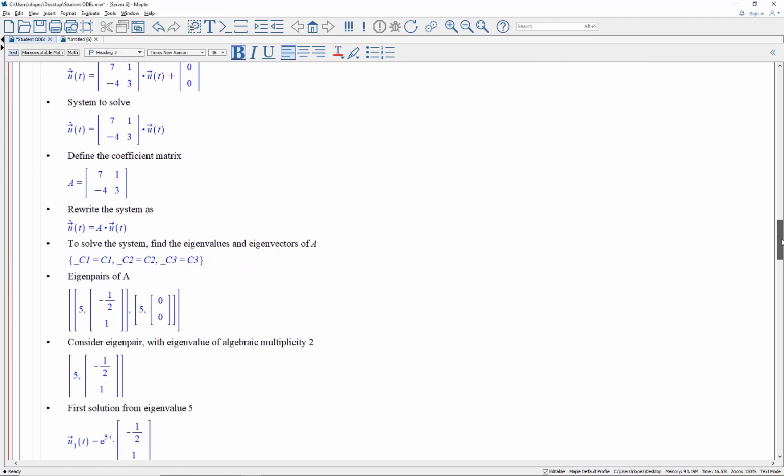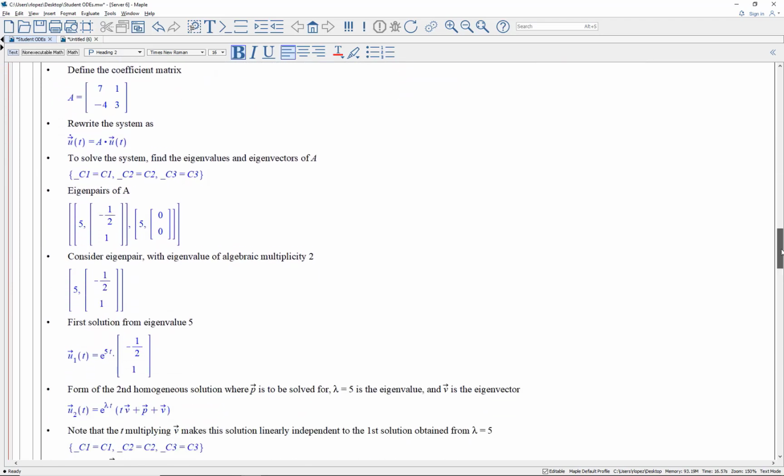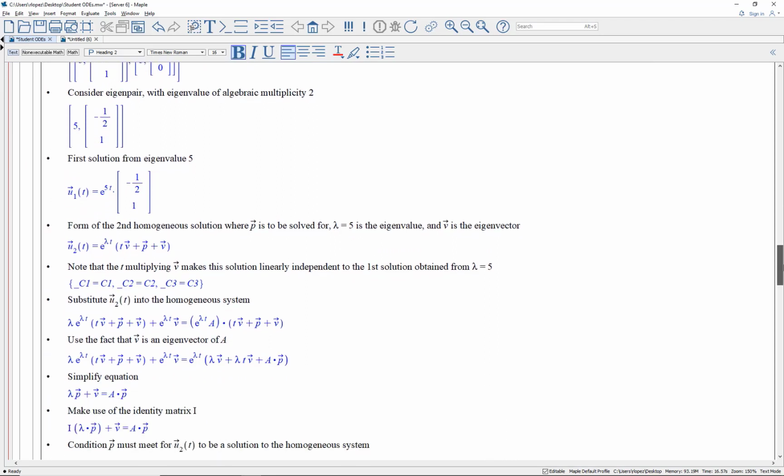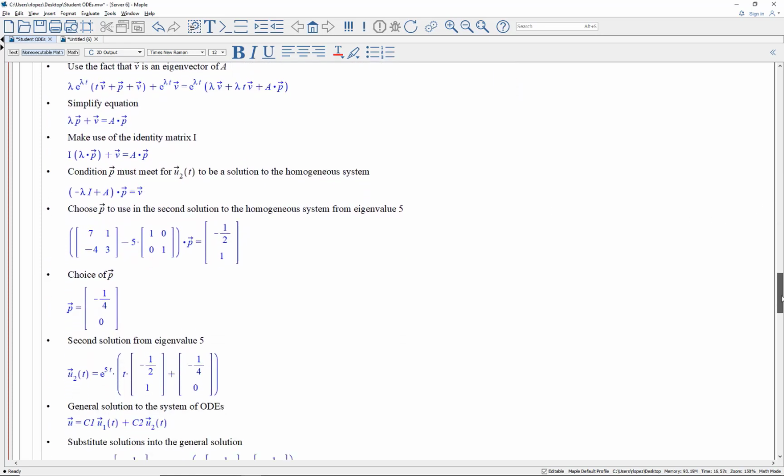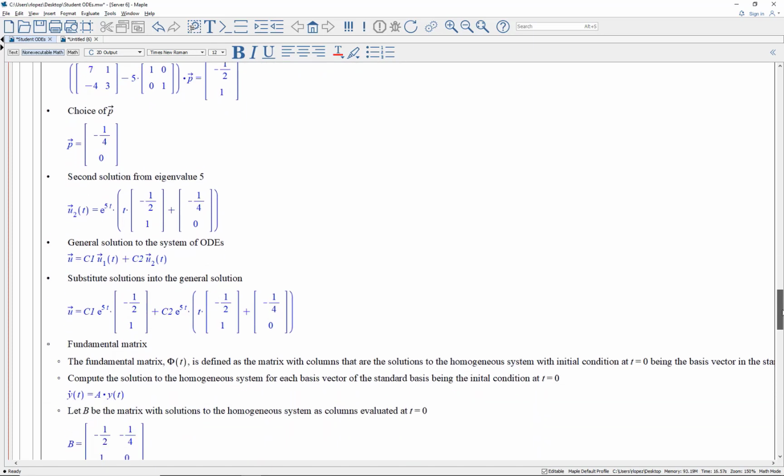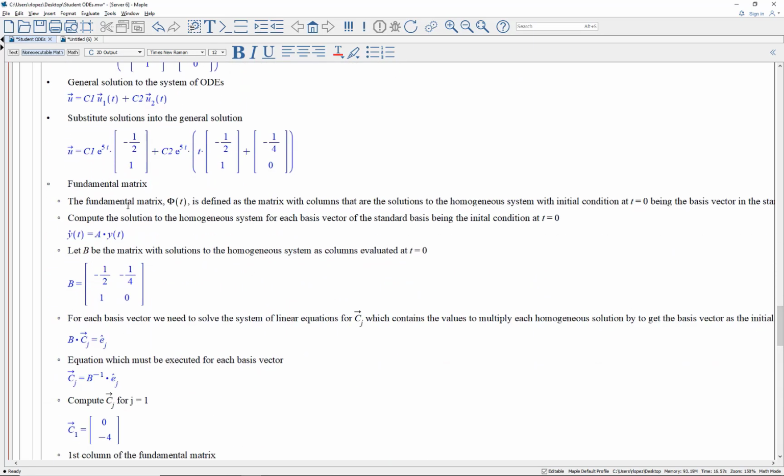You get a first eigen solution, and then to get the second one, you make this assumption that the second one looks like this. P is the unknown vector, v is the known eigenvector. Okay, you push it through, you get P. Now you have two solutions. From the two solutions, you can get a fundamental matrix.